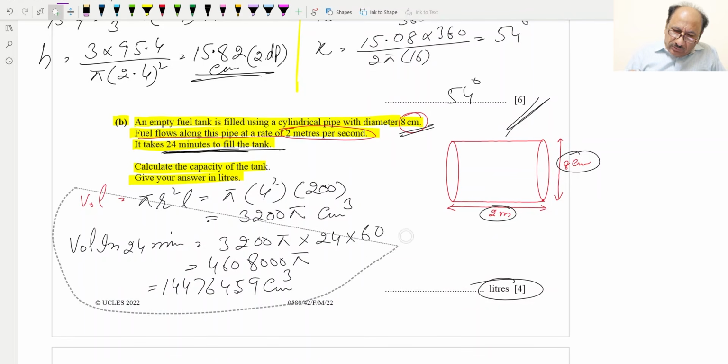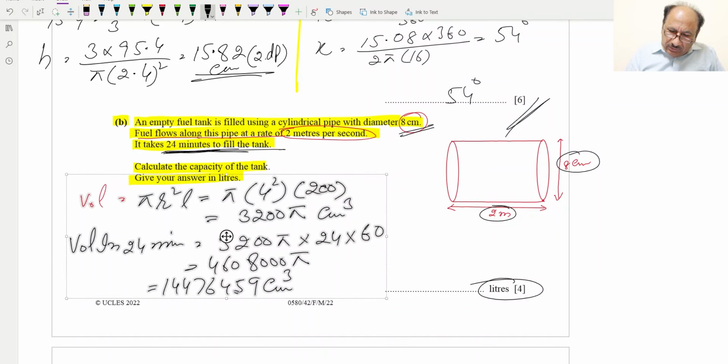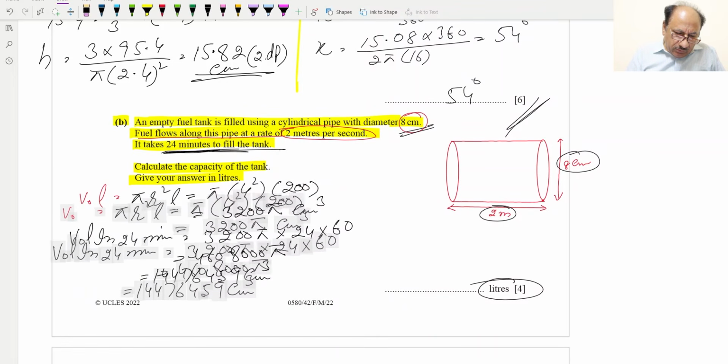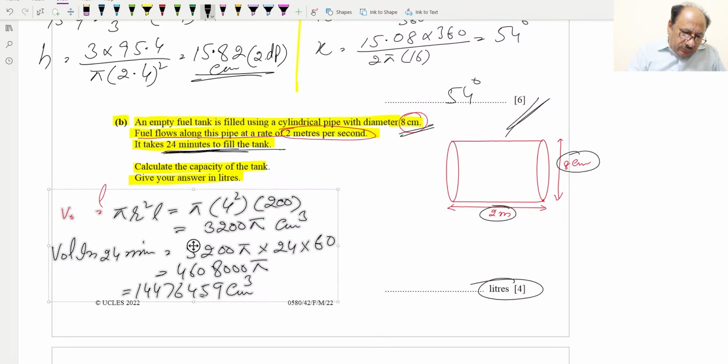I will shrink this a little and move it also so that we will get the space. So this will be the volume over here.